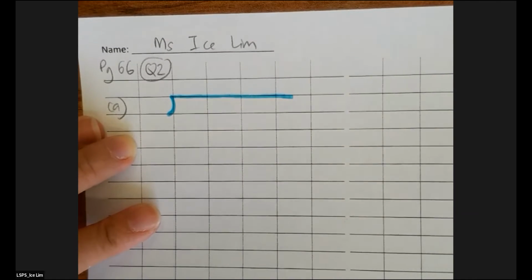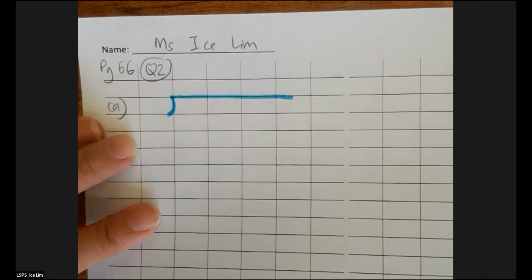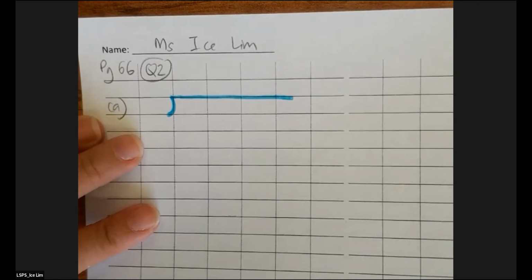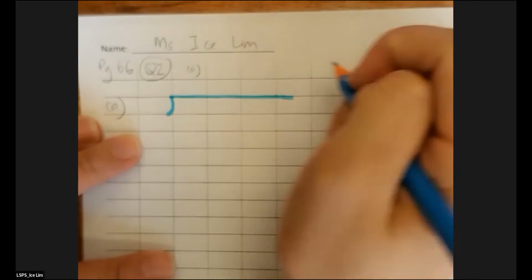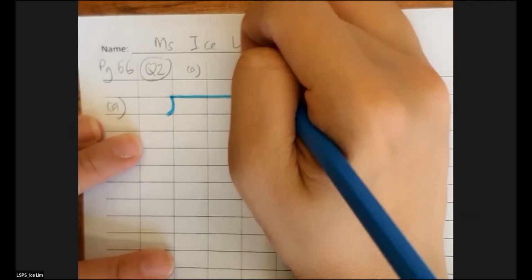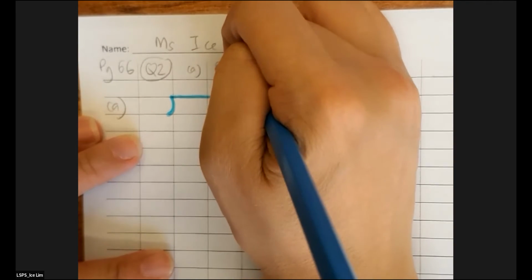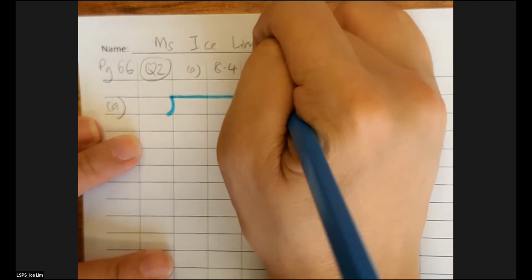Writing my division symbol. Now, the question asks for 8.4 divided by 2 equals blank.